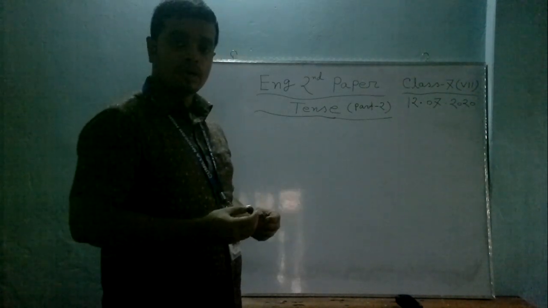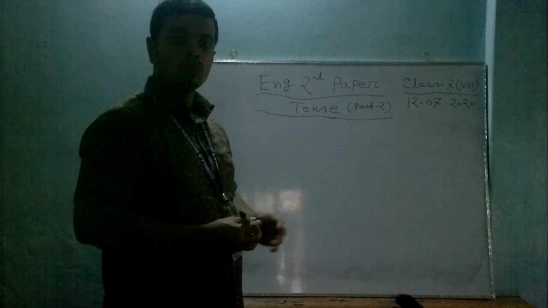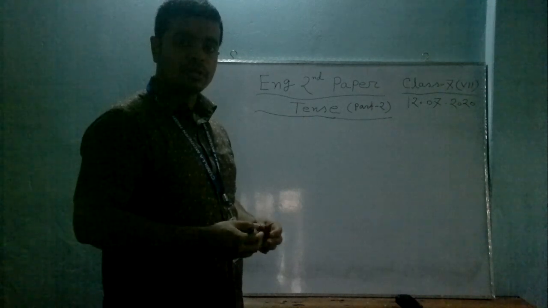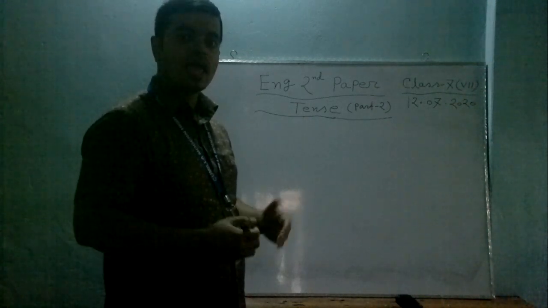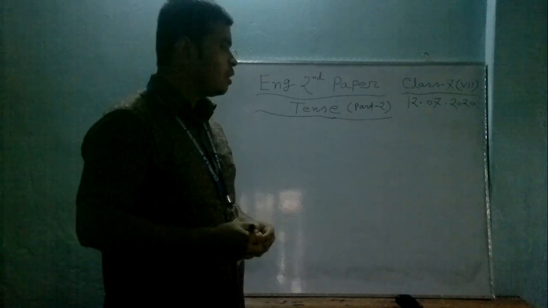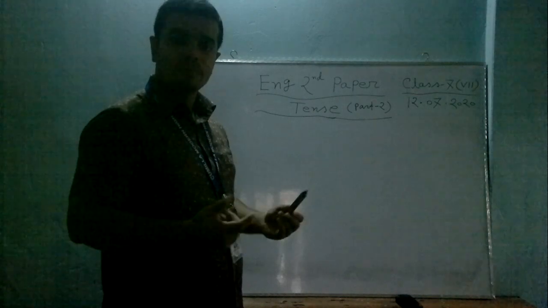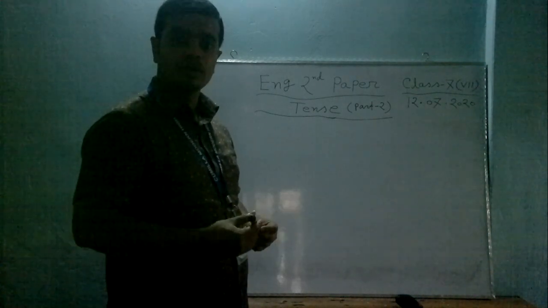First, I want to say that in the last class we learned what tense is. Tense means the time of accomplishing any action or verb. We learned that tense is divided into three parts: present, past, and future tense.